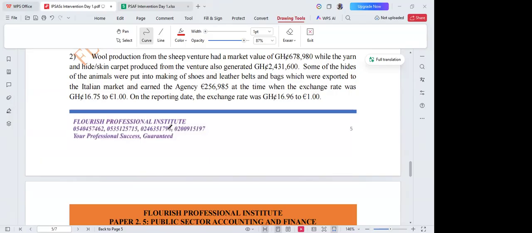Some of the hides of the animals were put into making of shoes and leather belts and bags, which were exported to the Italian market and earned the agency €256,985 at the time when the exchange rate was 16 cedis 75 pesos to €1. On the reporting date, the exchange rate was 16 cedis 95 pesos to €1.